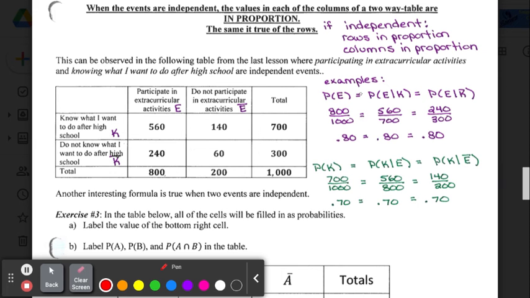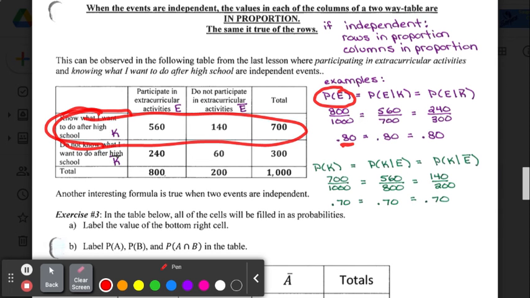So what I did here, I found the probability of participating in an extracurricular activity is 800 over 1,000, which simplifies to 0.8. Then I did the probability of extracurricular given K. Oh, my pen is taking a break. There we go. So 560 over 700 still simplifies to the same thing.